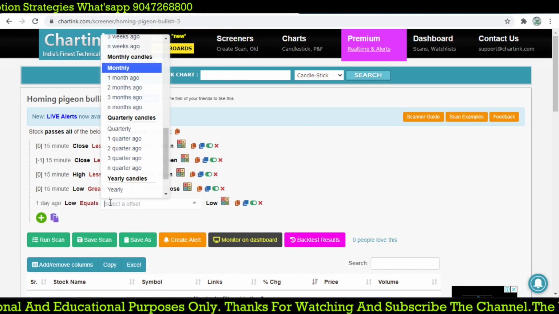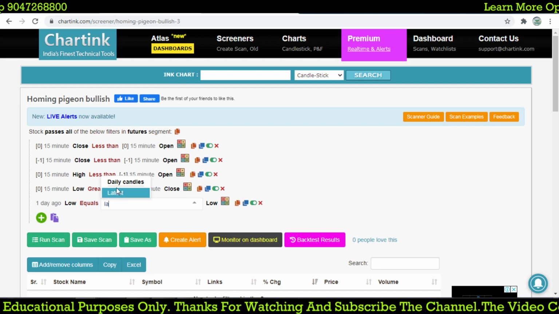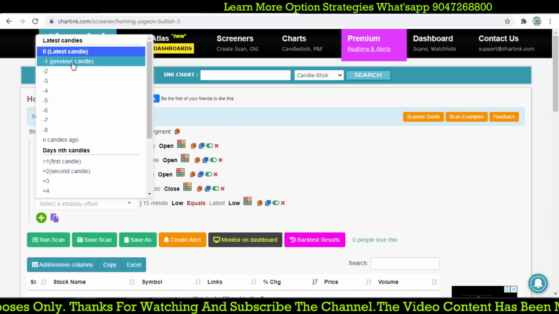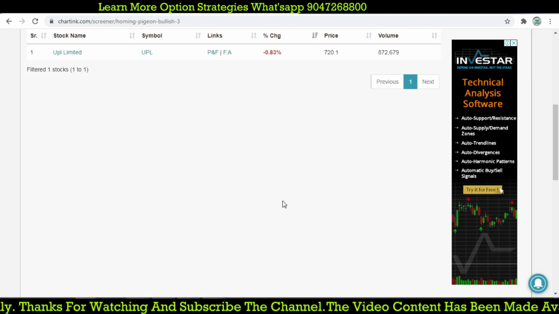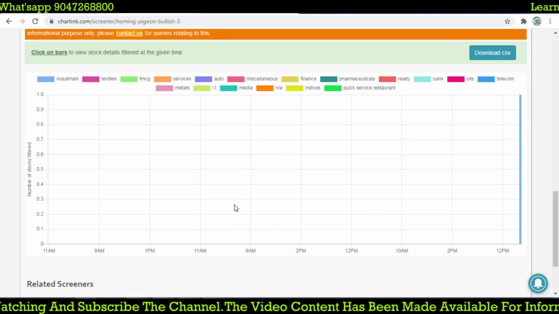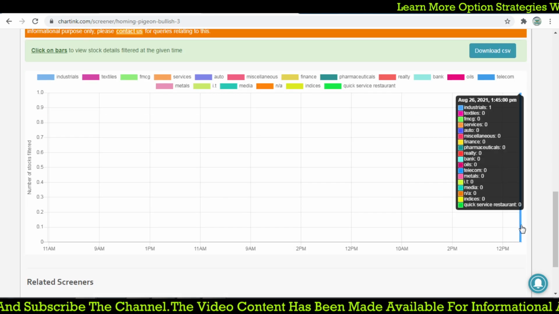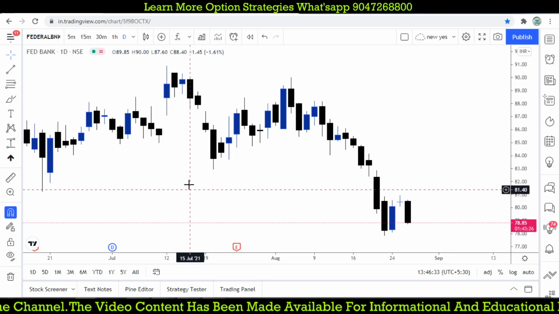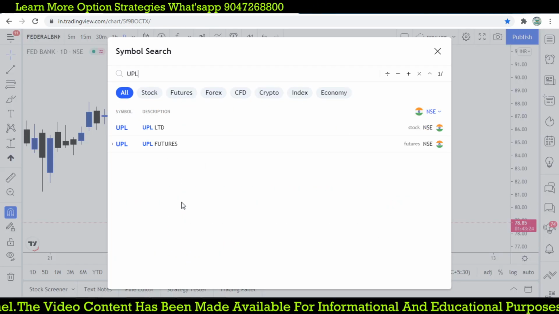This should be equal to the latest low. Here 15 minutes -1, 15 minutes equal to latest low. Scan. Now it is working, and we find some stocks which are forming right now. That is today, it's currently forming in UPL. Let's check UPL. What happened?